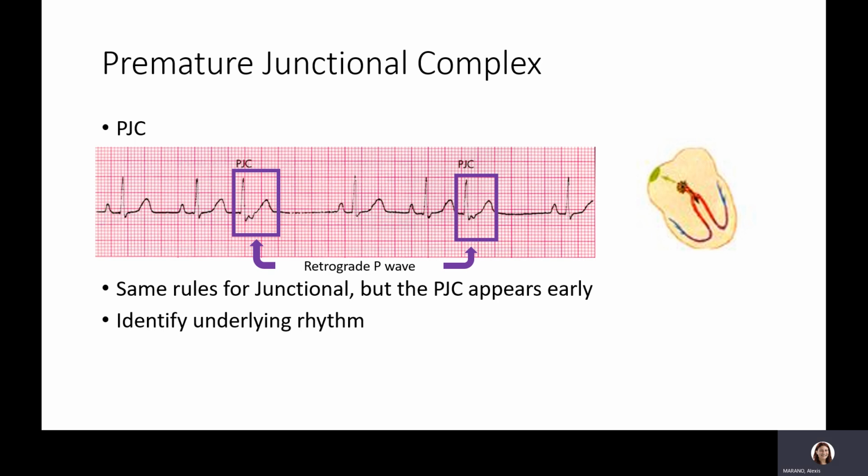In this case, it's retrograde. It's right after the QRS. But again, you have to say what the underlying rhythm is and then go back and discuss that it has a couple of PJCs. This rhythm would actually still be considered regular. You would just ignore the ectopic beats and kind of work around them. Next, we have our PVCs.